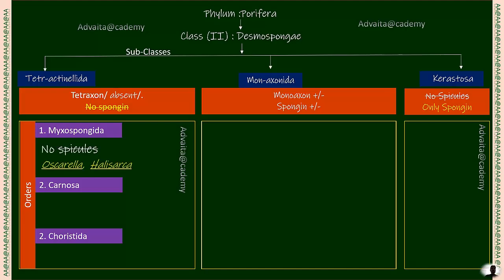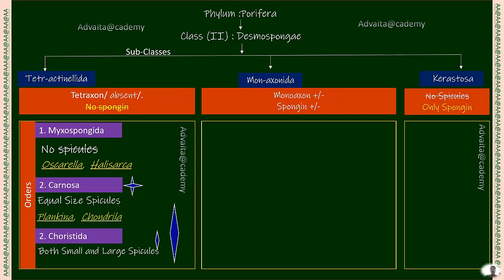So what we can see: in Myxospongida there is no spicule. In Carnosa there are equal size spicules and small ones also. And in Choristida we have large spicules and small spicules also, but remember they are tetraxon type.